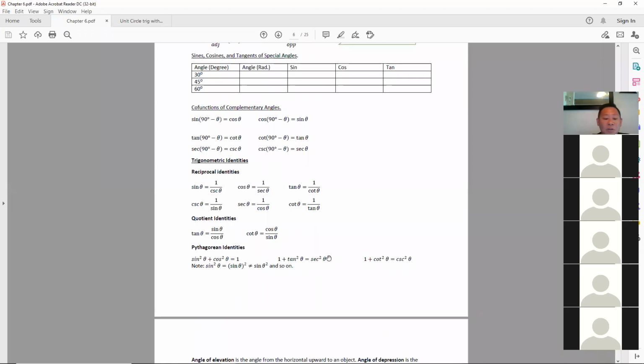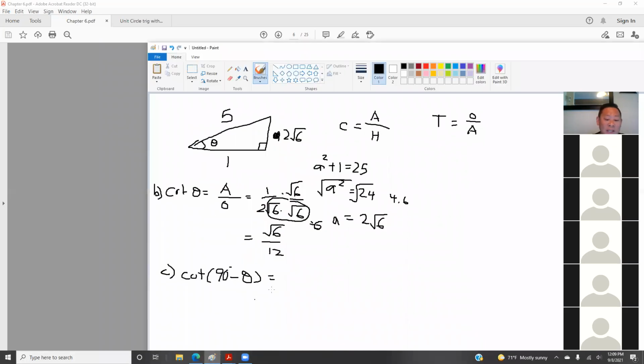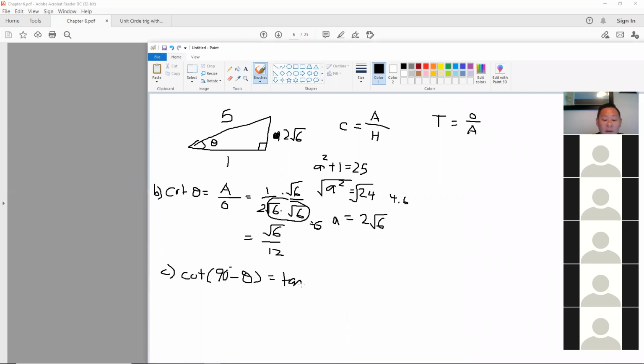Which identity are we using: the cofunctions, the reciprocal, the quotient, or Pythagorean? Cofunctions. So cotangent of 90 degrees minus theta is the same as tangent theta. And as you know, tangent is opposite over adjacent, so it's just 2√6, you're correct.